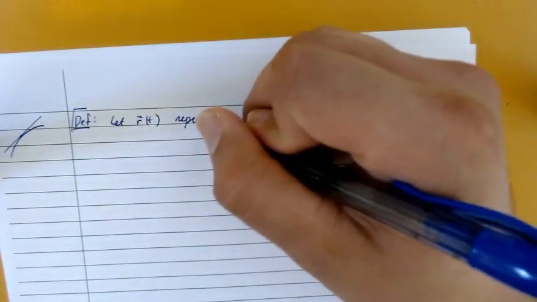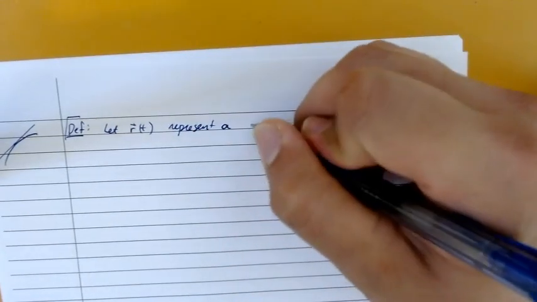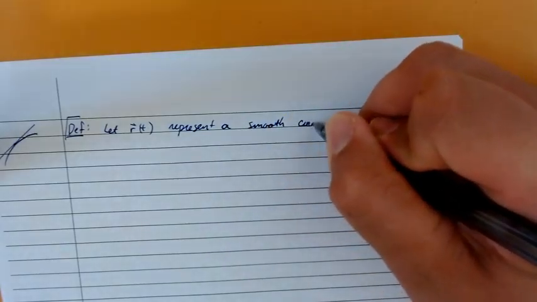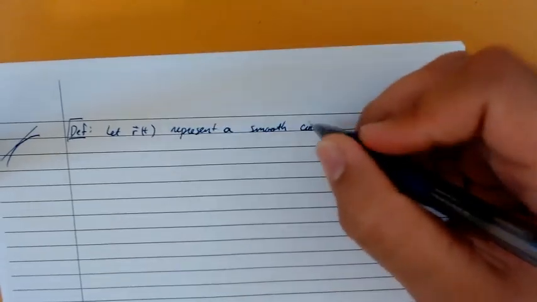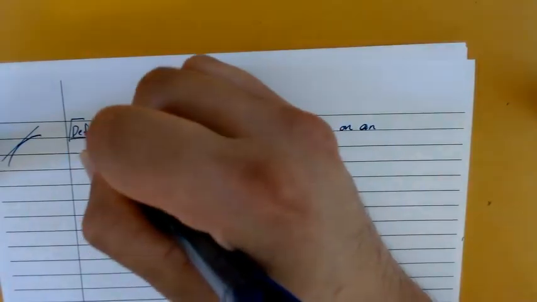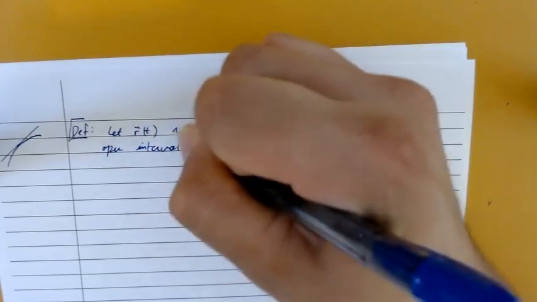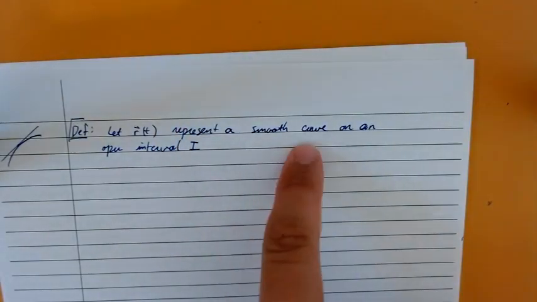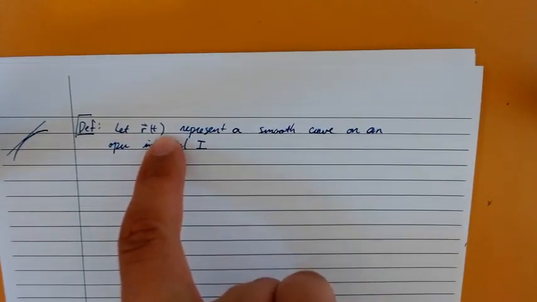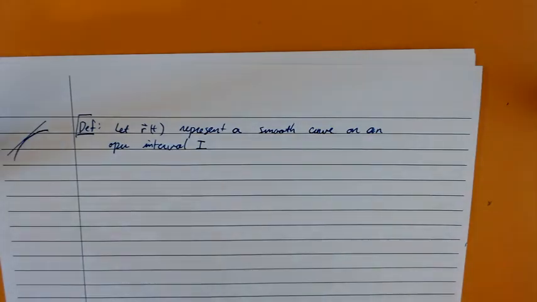Let r of t represent a smooth curve on an open interval I. Remember, when we say a smooth curve, that means that the derivatives of the components exist and are continuous. At least they do on some particular interval I.